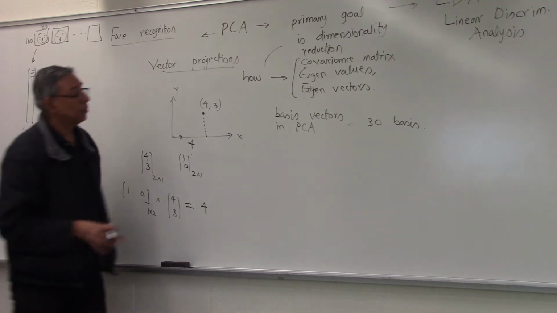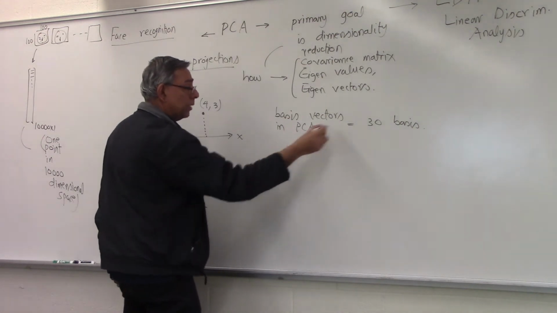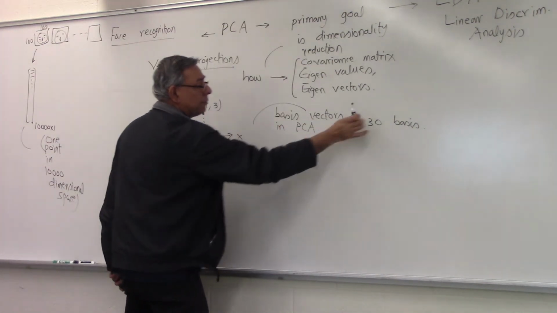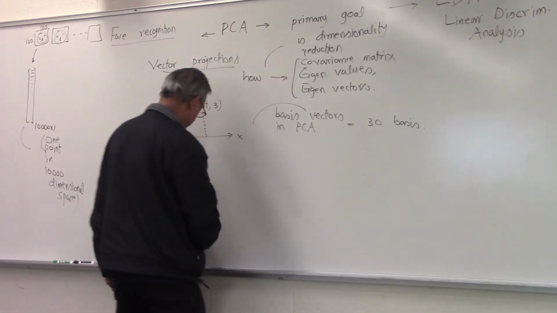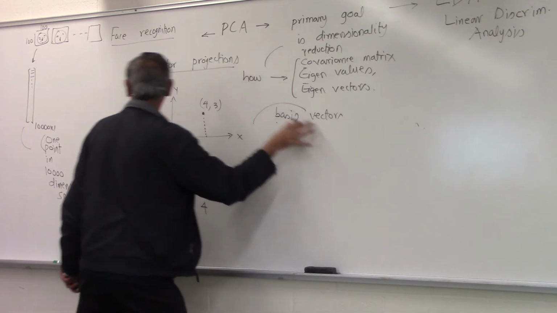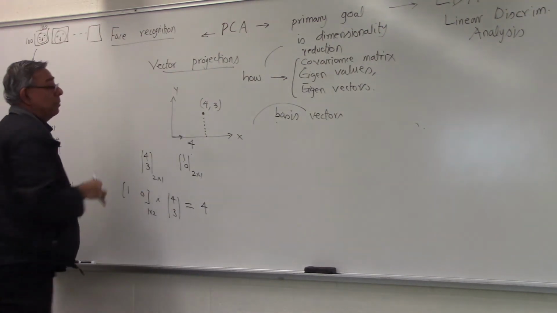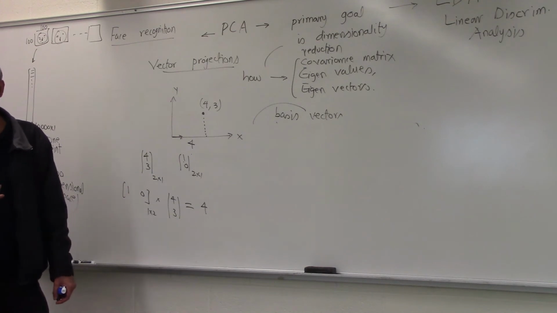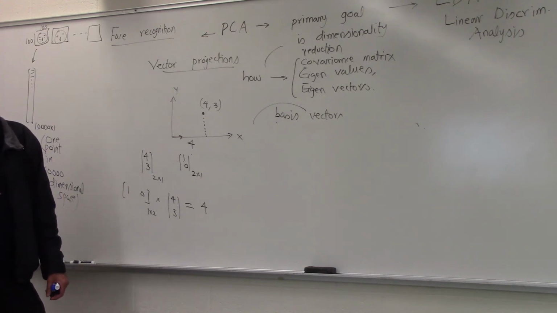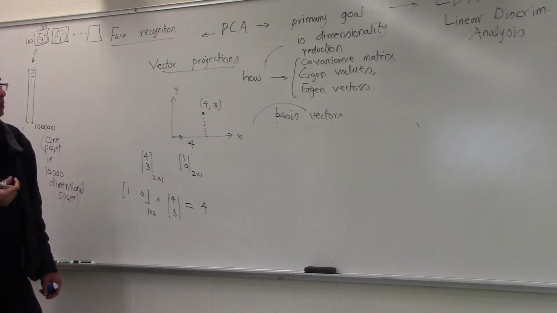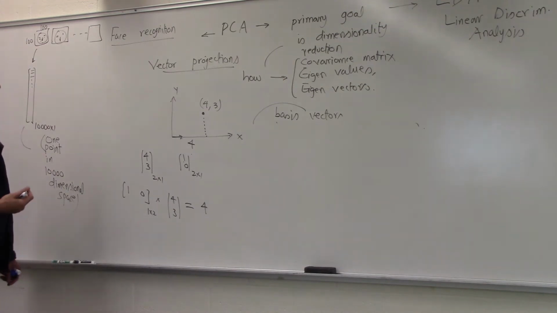So my question is, if I have one of the basis vectors, forget the 30 right now, if I needed one basis vector for my images over here, what will be the size of that vector? Let me repeat the question.